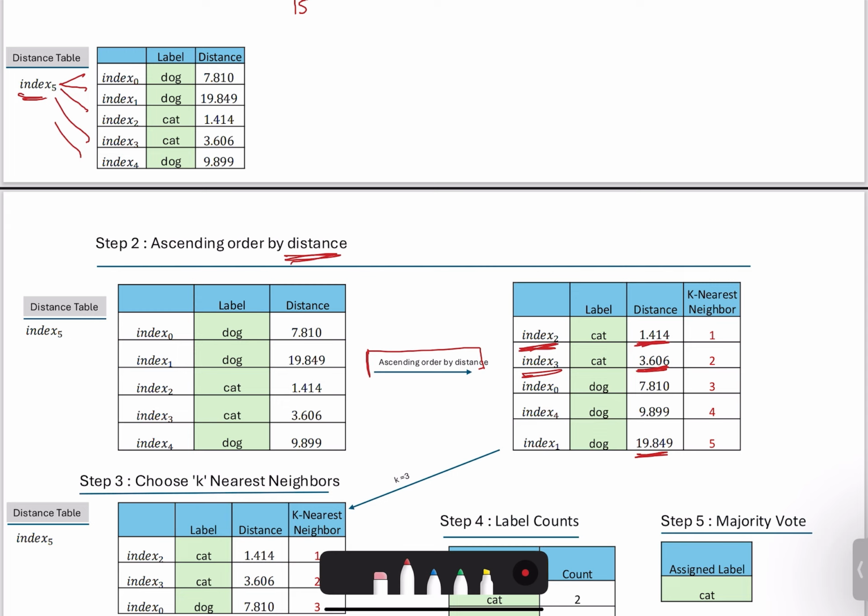The next step is to choose K for us. K here is the number of nearest neighbors, and in our case we set K as 3. In other words, we are considering the first 3 closest data points in order to assign the new data point as a dog or a cat.